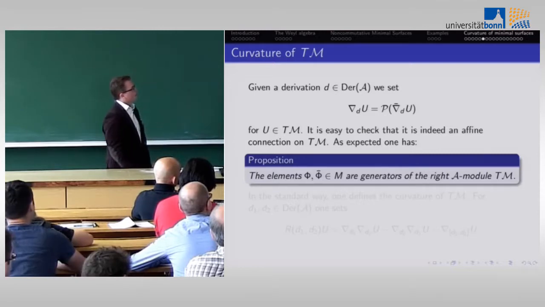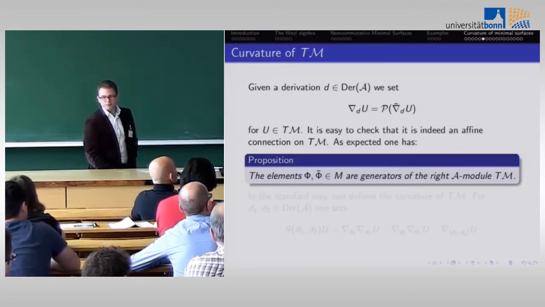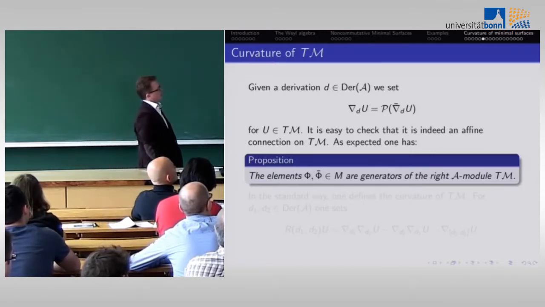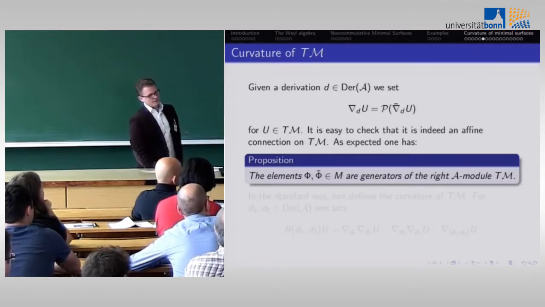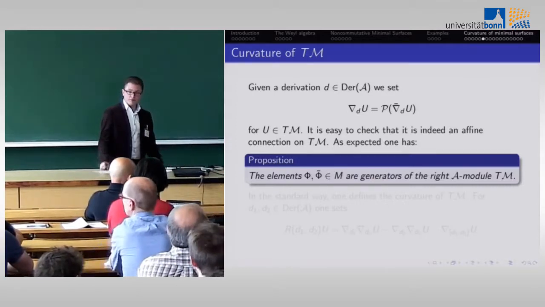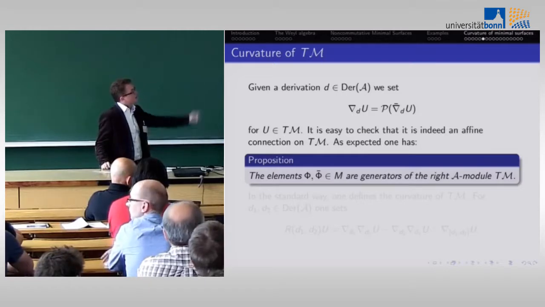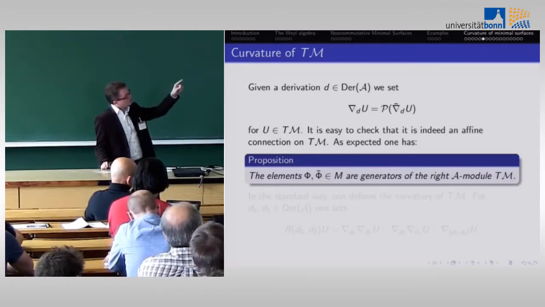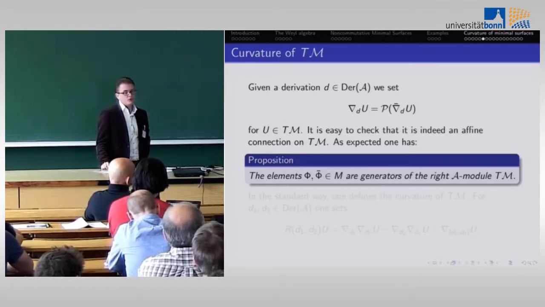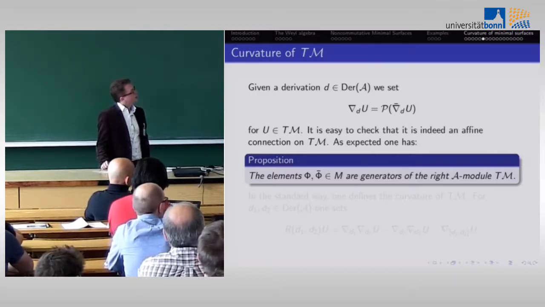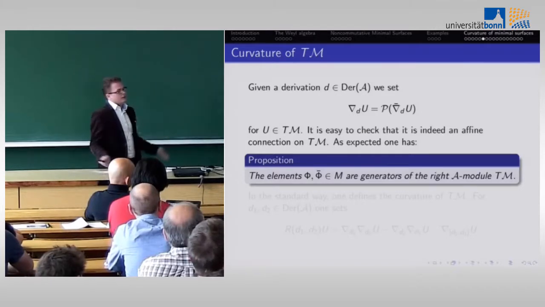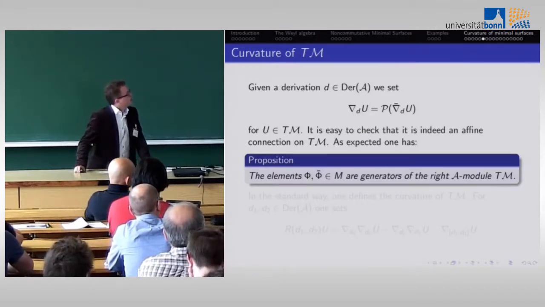So, now we just continue straightforwardly, I would say. So we now define the connection on this tangent bundle of the minimal surface by simply projecting the ambient space covariant derivative with the projection operator P, okay? Like it works in geometry. And it's, of course, easy to check that it's an affine connection. Everything here is standard computations.